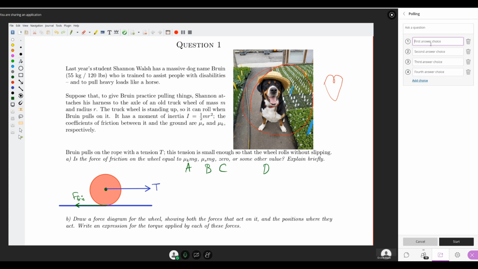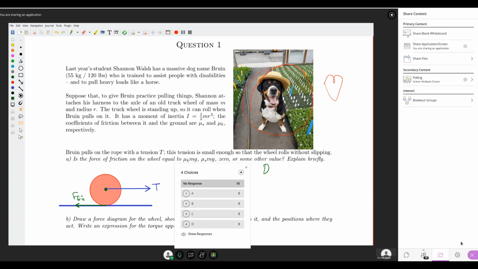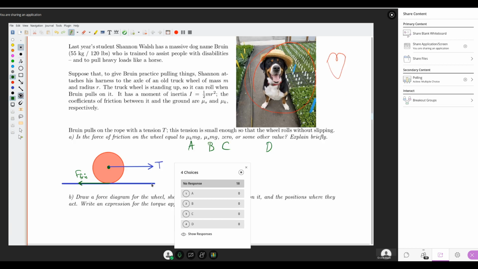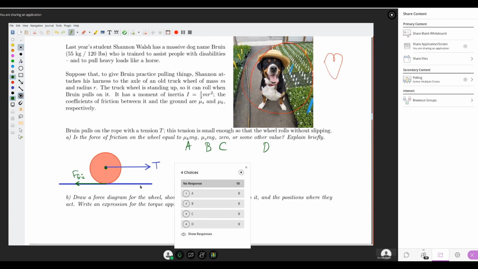So we're going to have you all vote on whether it's A, B, C, or D. So I'll wait a bit.